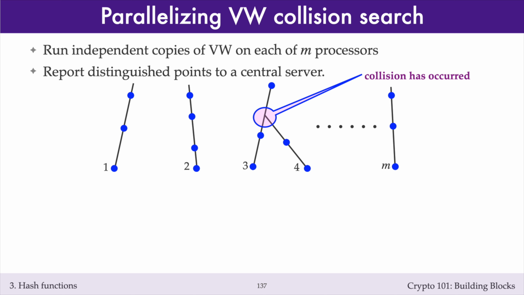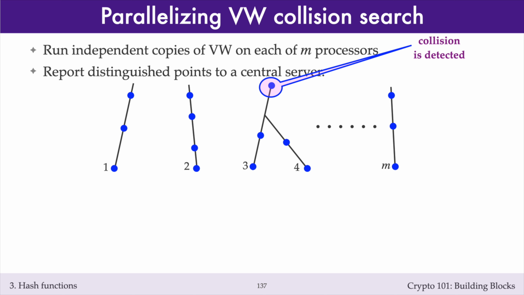When two sequences, either from the same processor or from different processors, collide, then we have a collision of n-bit strings. This collision is detected by the central server because the distinguished point highlighted in the figure will be computed twice, once by processor 3 and once by processor 4. When a collision is detected, then the collision can be found as before using stage 2 of the VW attack.